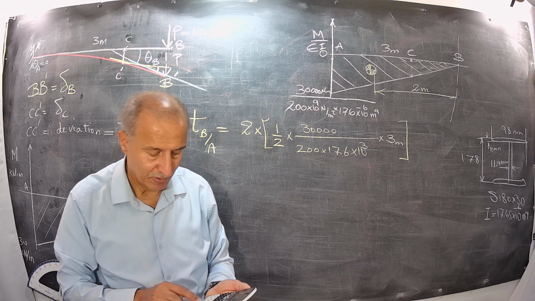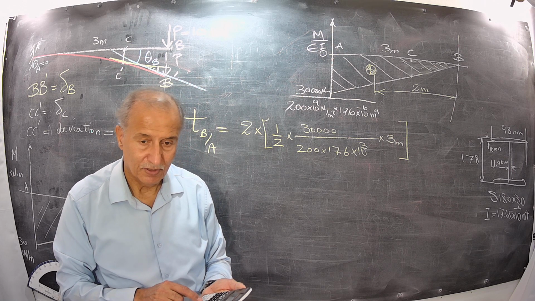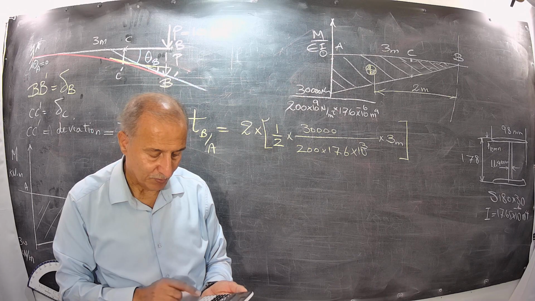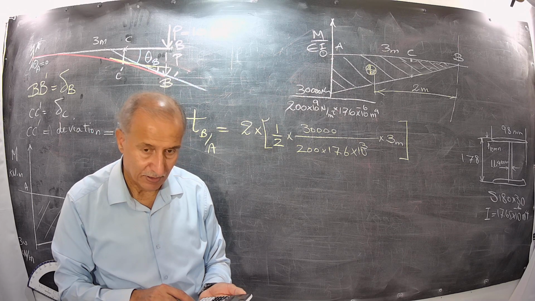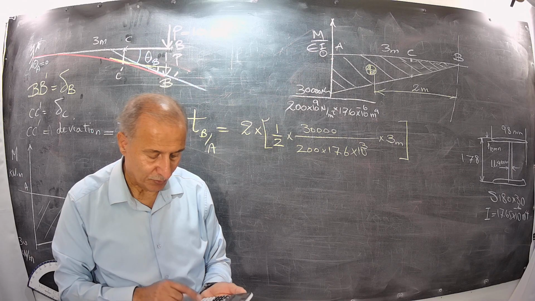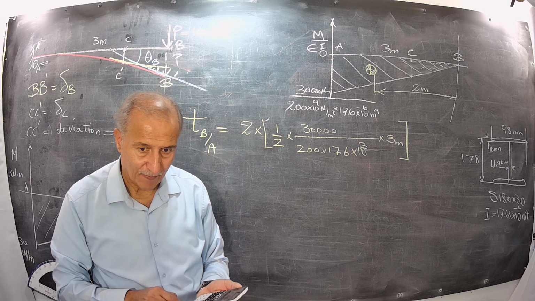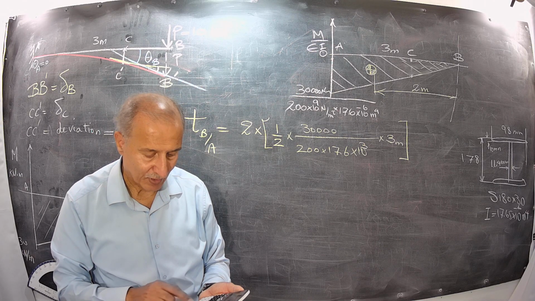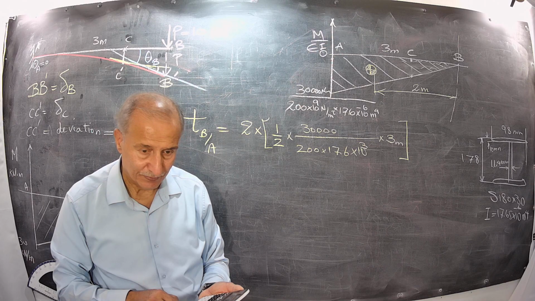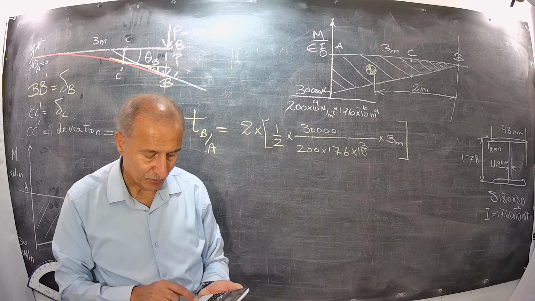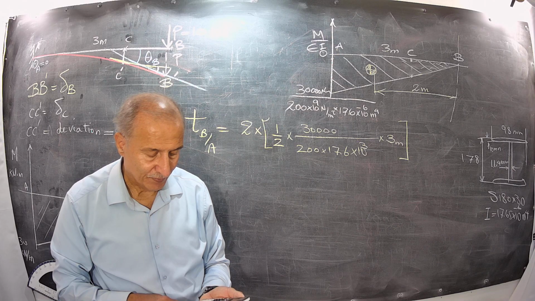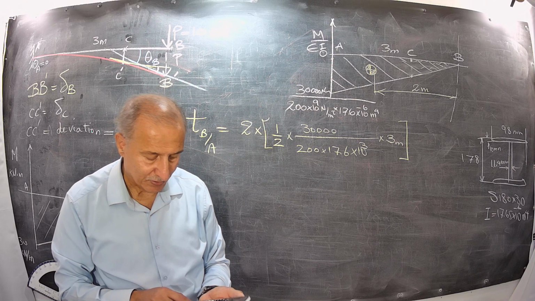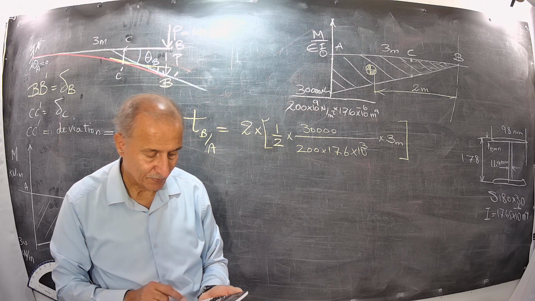$30,000 times divided by 2 divided by 200 divided by 70.6 times 3 times 2 and divided by 1,000.